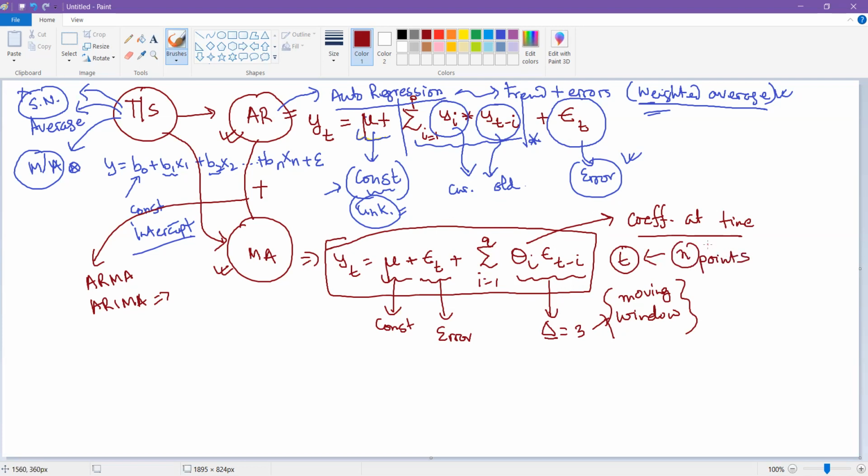Can I find the value which will be there at a given time in future? So that is the moving window concept which is incorporated in this summation part of the equation.